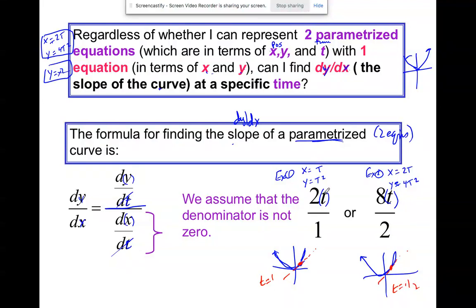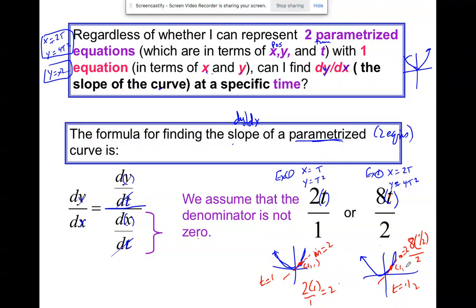So when you put 1 in for time here, you get 2. When you put 1/2 in for time here, you get 2, because the slope of that line on the xy plane is 2, and you can write the equation of that line with the point (1, 1).